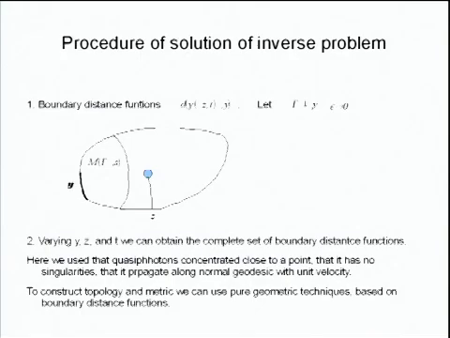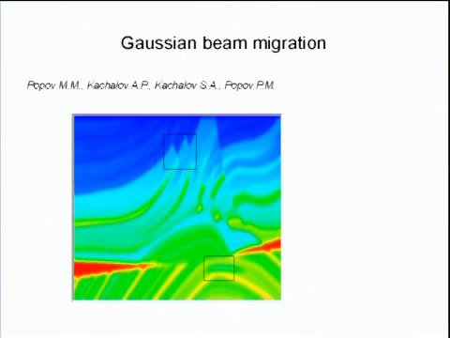How about applied problems? Let's see. This is the so-called Marmousi model, which is well known in geophysics. This Marmousi model gives you some section of the Earth's crust, and somewhere there is an oil deposit. And we try to find out where this oil deposit is. What is the geometry here?